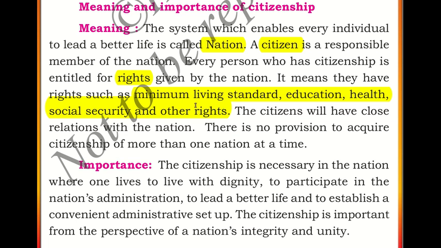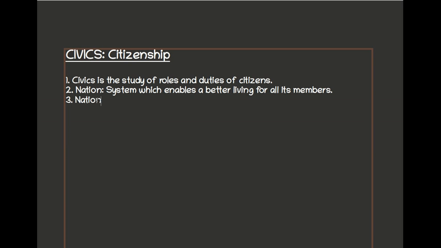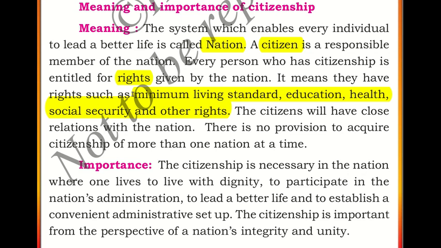So these are the different categories of the rights that the nation has promised all its members or all its citizens. So, a nation promises its members certain rights. Okay, so we just learned that these rights are categorized as shown here.